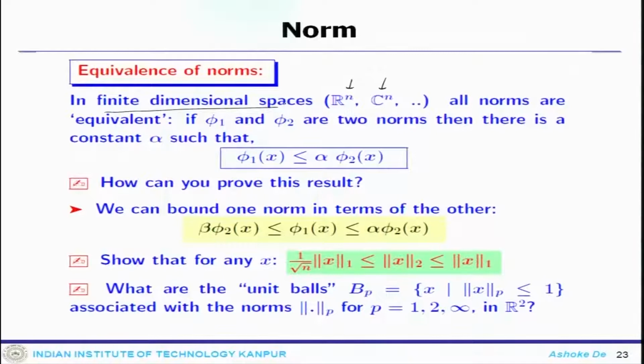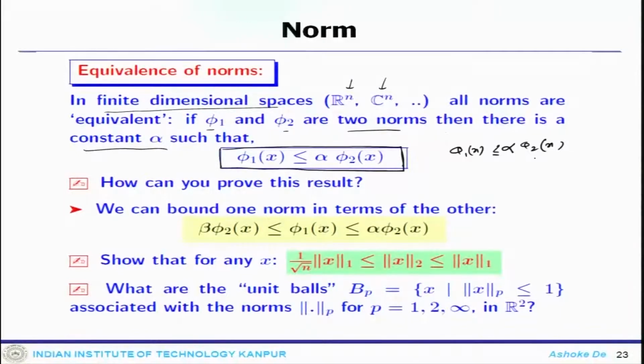For example, if phi 1 and phi 2 are two norms, then there is a constant alpha such that phi 1 of x is less than or equal to alpha times phi 2 of x. That gives an important property of equivalence between these norms.